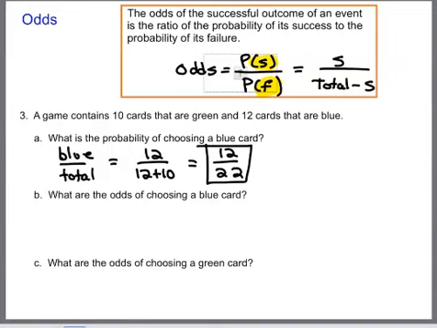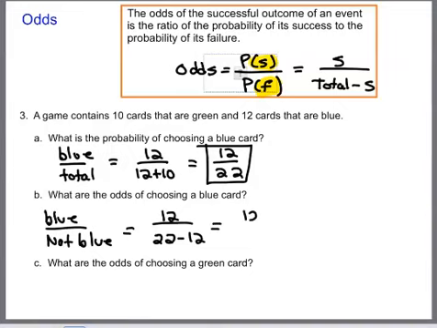This is what we're talking about with odds. It's how many are blue compared to not blue. We can probably pretty easily see in this case that 12 are blue and 10 are not blue. So we can just write it as 12 to 10. But another way to think of it is, again, how many are blue compared to the total minus how many are blue.